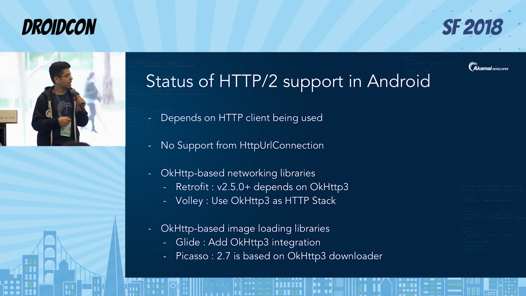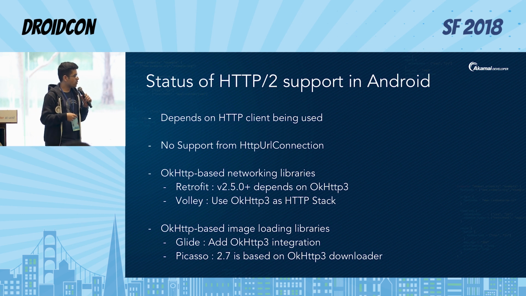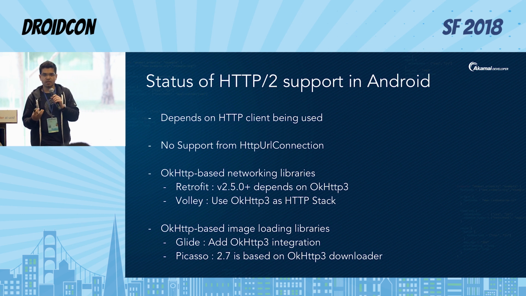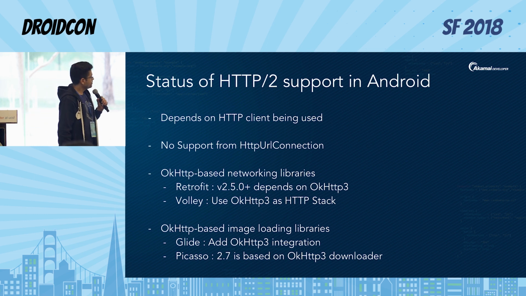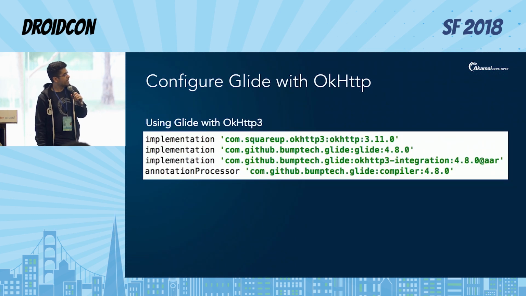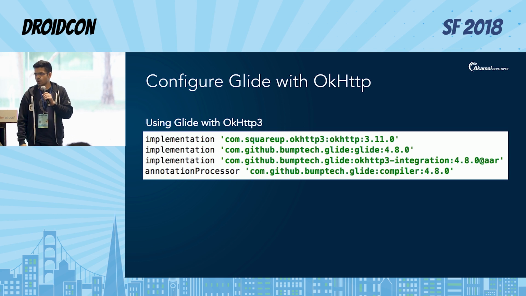I'll show how. And for Picasso, version 2.7 is automatically based on OkHttp 3, so it will support H2. So if you are using Glide, all you need to do is add this integration in your dependencies, and you'll be good. You may need to upgrade some of the dependencies, but code level changes will be pretty minimal.